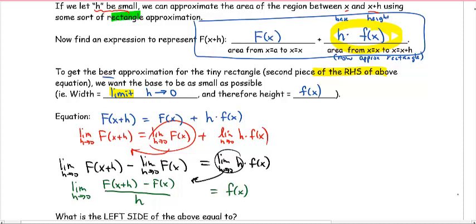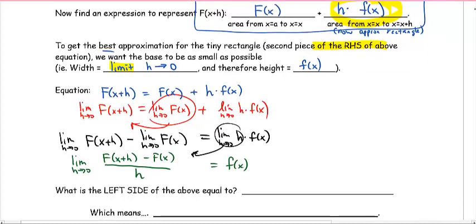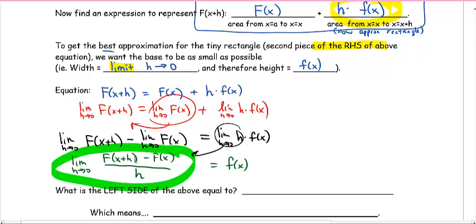What do you notice about the left side of the above equation? This is what again? That seems to be the definition of the derivative for capital F of x, right?